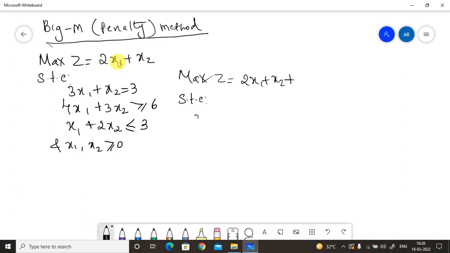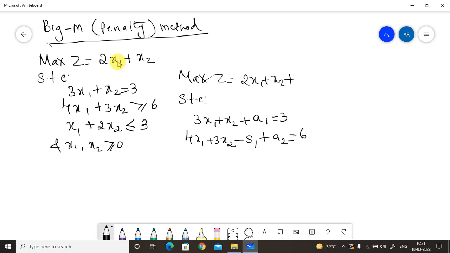The first constraint will be written as 3x1 plus x2. Since we have equal to 3, there is an introduction of only an artificial variable, so that is plus a1 equal to 3. The second constraint will be written as 4x1 plus 3x2, and since it is greater than or equal to, I will have one surplus variable, which I write as minus s1, and one artificial variable, plus a2 equal to 6.